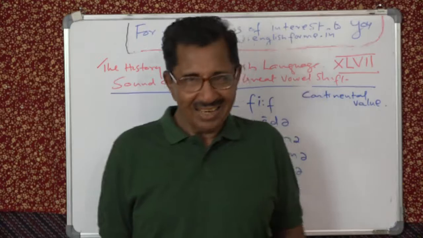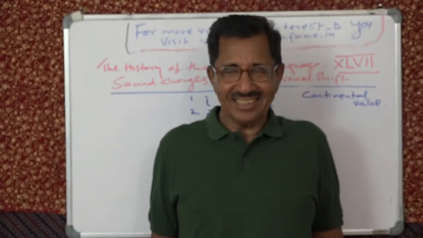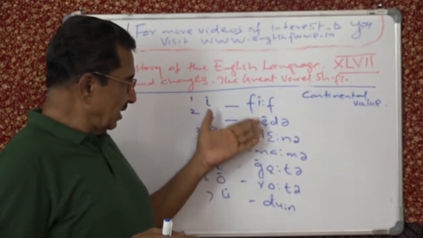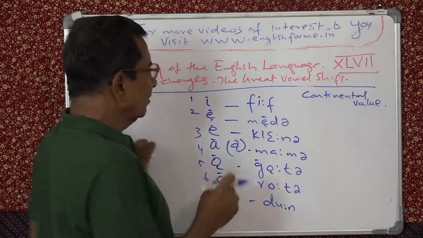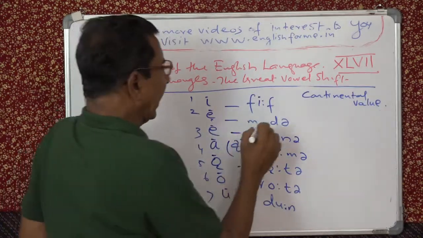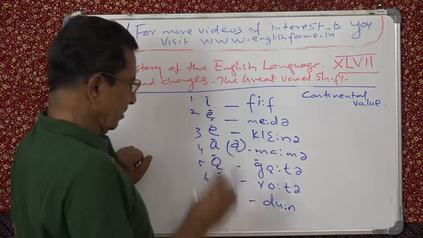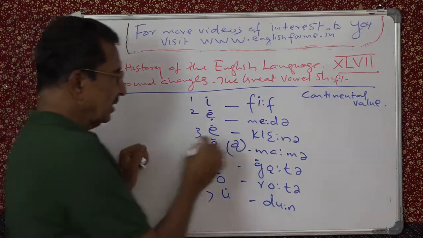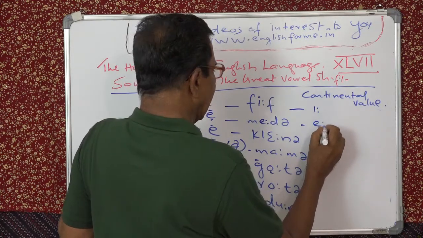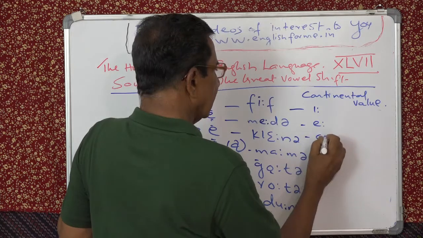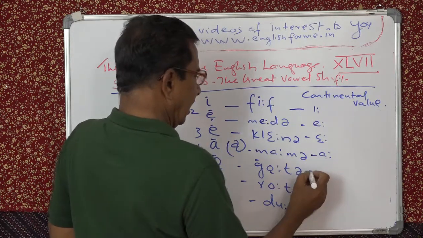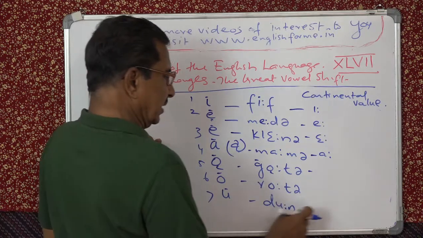I think that I have tried to communicate these changes to you. Now you can see from this example, this is a phonetic script. In modern English, you pronounce it like this: E, A, and further down, A. This is the highest vowel.